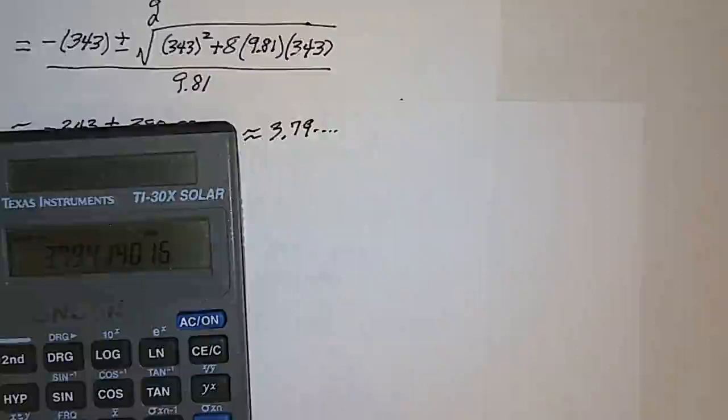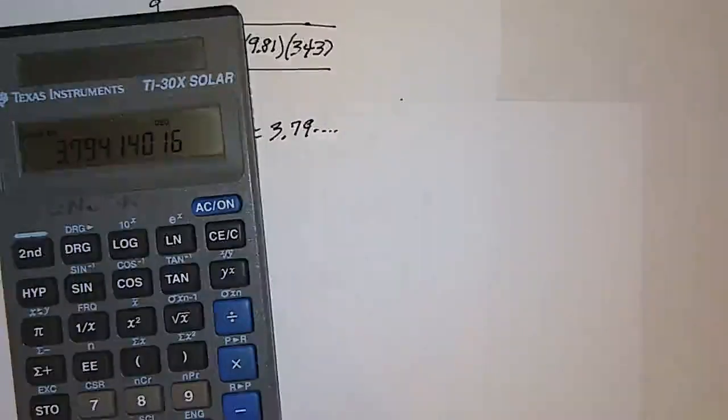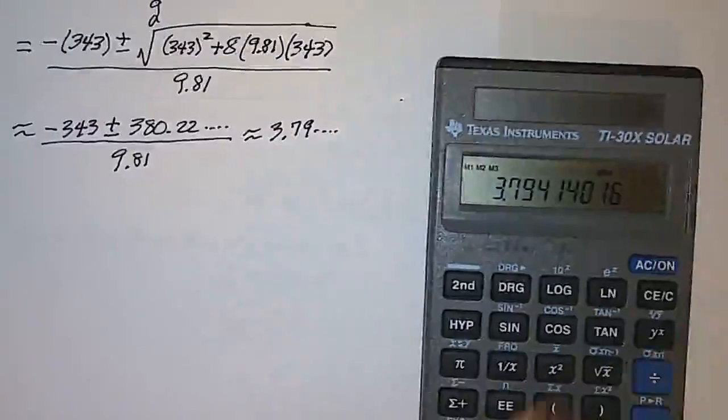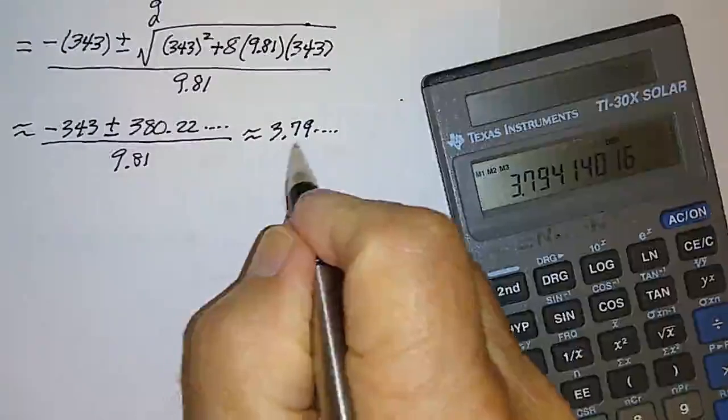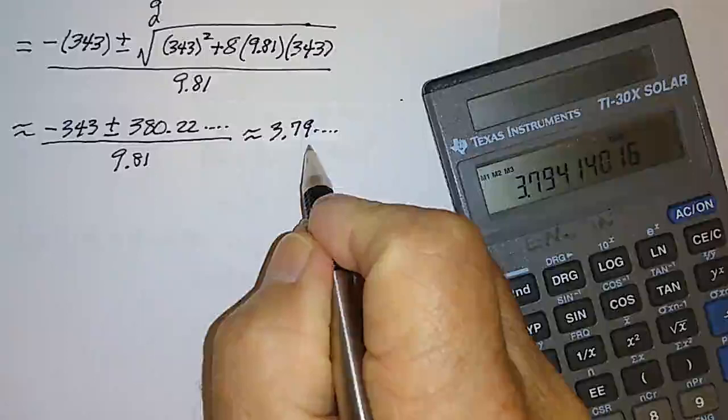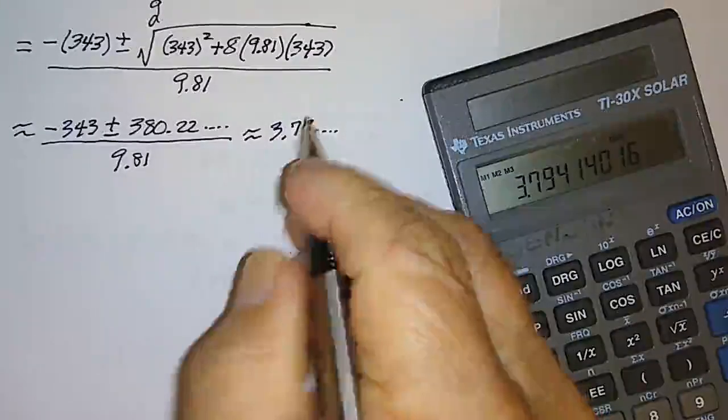And I'm just going to store this in one of my memory locations just to use it later. So that's how many seconds it takes to fall to the water.